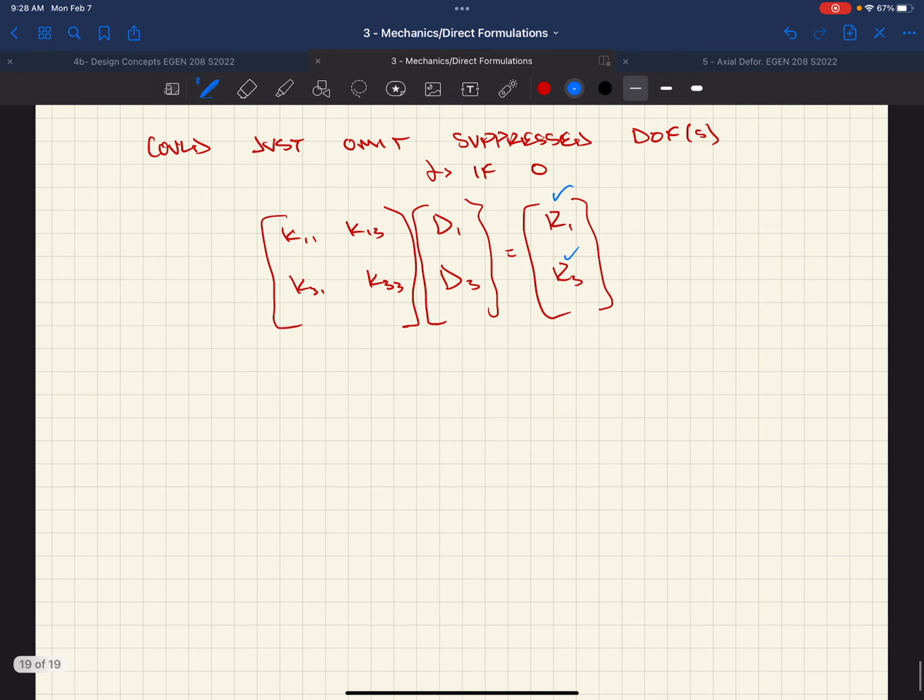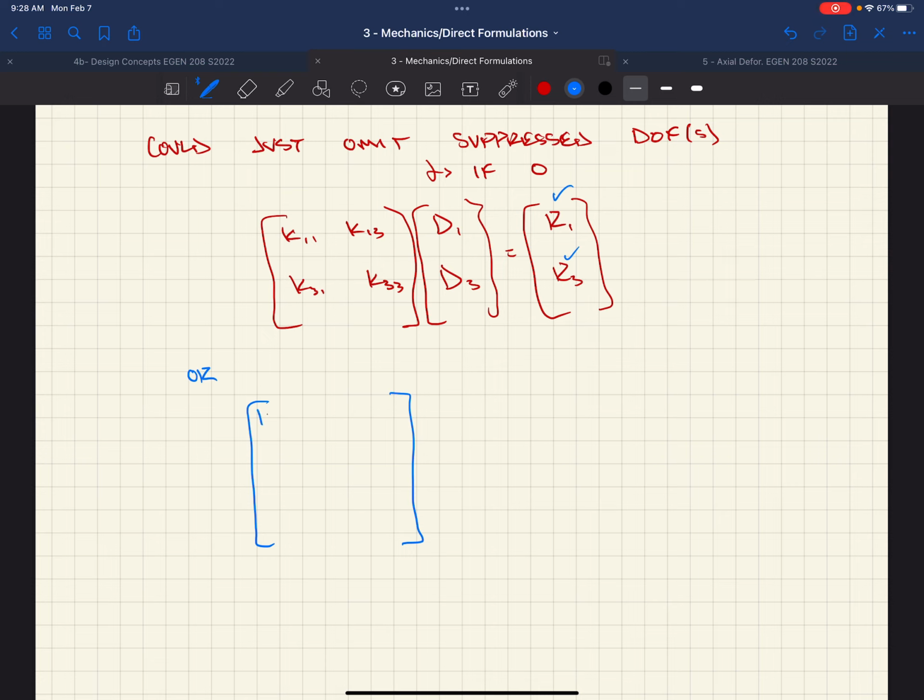Or, as I mentioned on Friday, there's a method with which we would essentially create a spring of infinite stiffness, which makes sense, right? If we were imposing zero displacements, well, that support essentially has infinite stiffness. It's not allowing it to move.